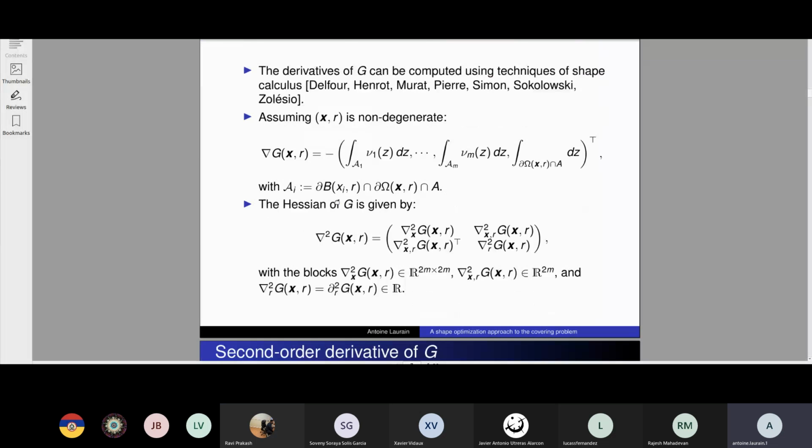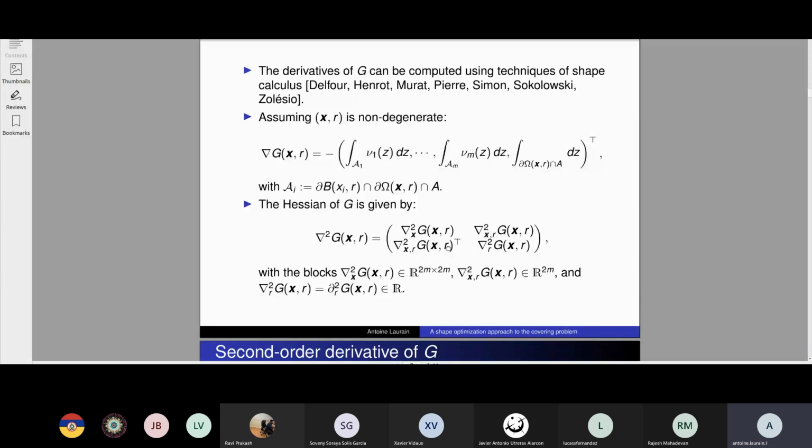And the Hessian of G is more complicated because you have to consider many different cases. So it's a matrix. It's a block matrix. So you have, for instance, this block gradient to X, which is a matrix 2M by 2M. This gradient to XR, it's like a vector.